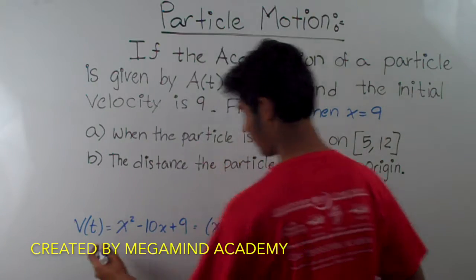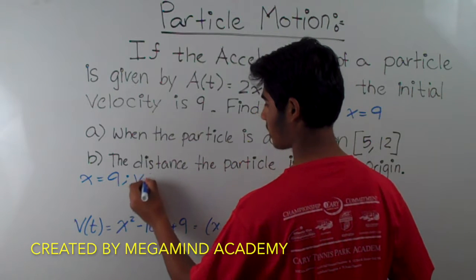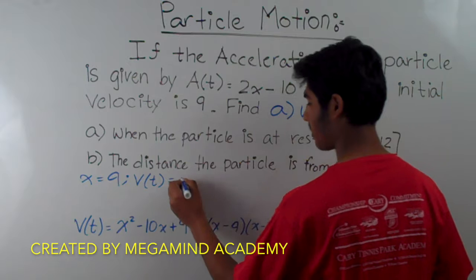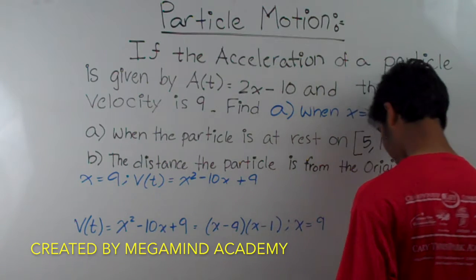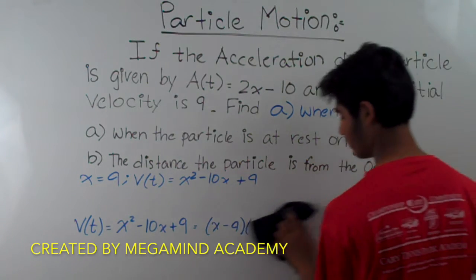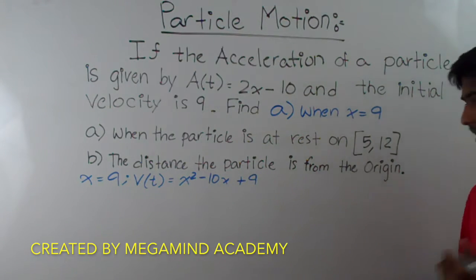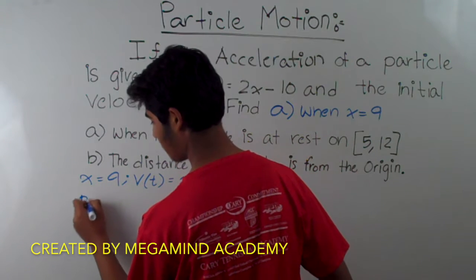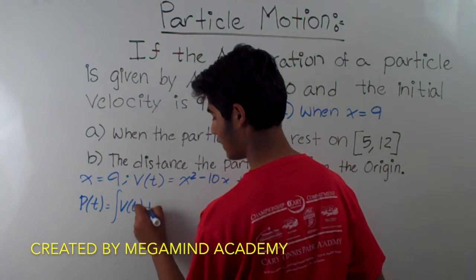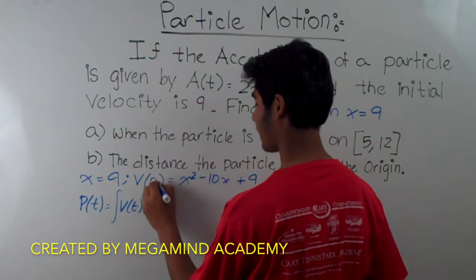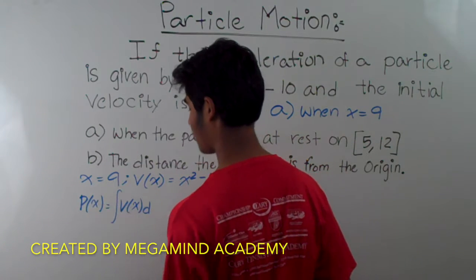So we get, I'm just going to move this part up. x equals 9, and the velocity function v of t is equal to x squared minus 10x plus 9. So, if this is a velocity function, then the position function, or the distance function, p of t, is equal to the integral of v of t dt, or it should say v of x, sorry about that.